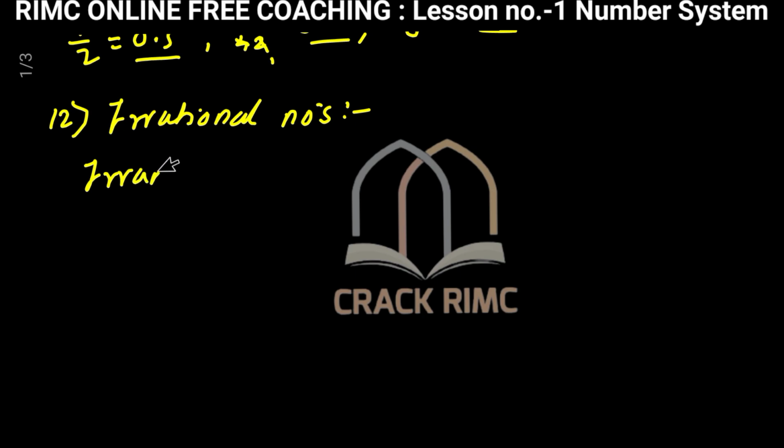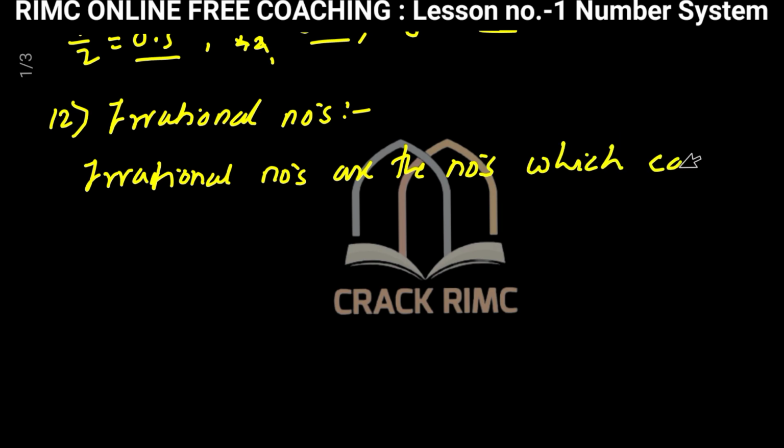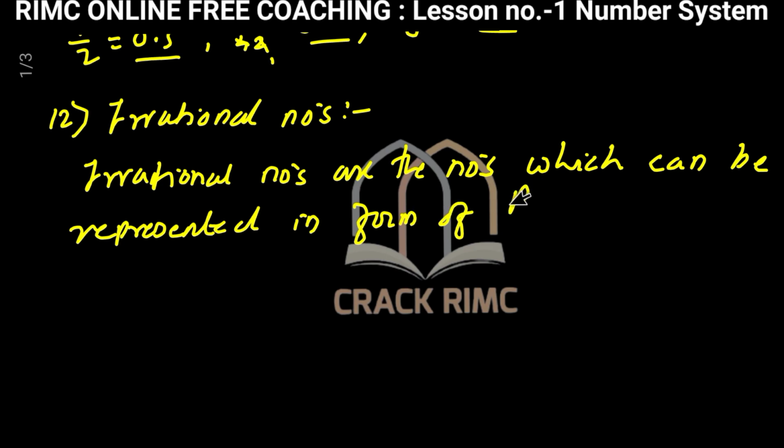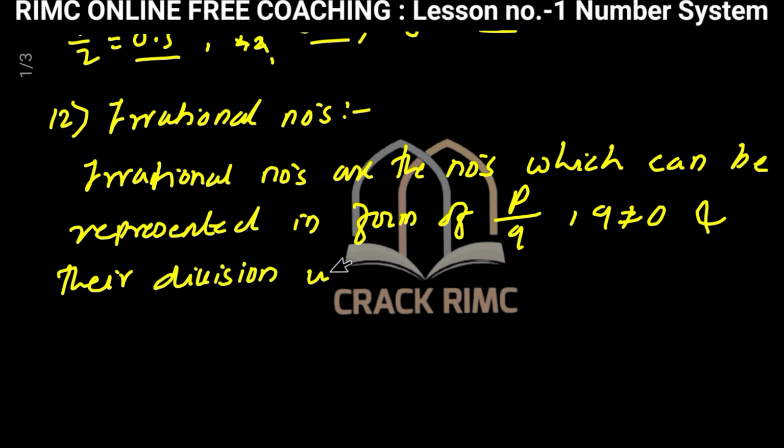Irrational numbers are the numbers which can be represented in the form of P upon Q, where Q is not equal to 0 and their division is incomplete.